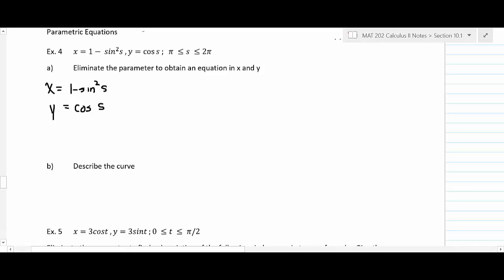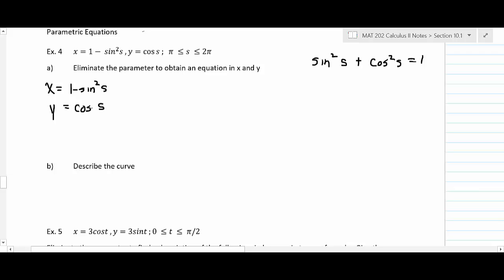Okay, like this. So one of the things that you do a lot on these problems with trig, particularly sines and cosines, is you want to take advantage of this identity. Now, since s is our parameter, I'm going to write this familiar identity as sine squared s plus cosine squared s equals 1. So a lot of times it's real handy to do that, okay? So you can't really solve this for s without making this problem into a big mess.